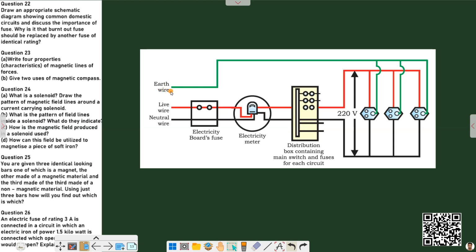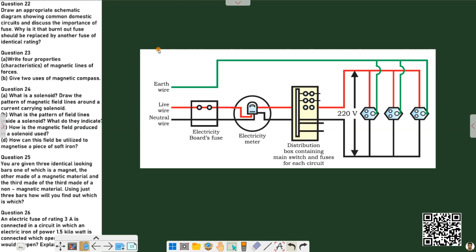And what a short circuit is and how it happens, we have already discussed in our previous videos, so you can go and check out our previous question series videos of this chapter, and you will find how we have explained the short circuit mechanism, why there are parallel connections, and whether we can make series connections or not. All this we have discussed in our theory videos and numerical series videos also. So you can go and check out there, you will find the answer.